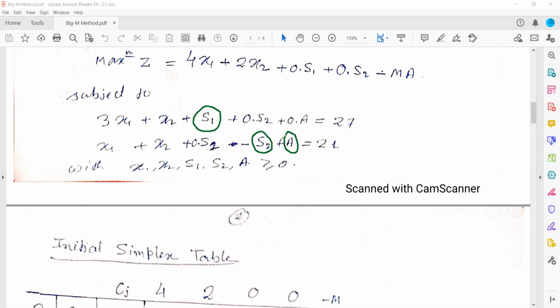Whenever surplus and artificial variables are both there, the artificial variable should be considered in the basic variable column, not the surplus variable. So the basic variables are S1 and A.